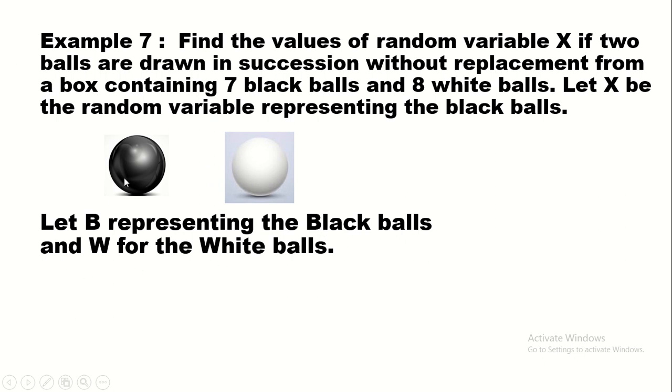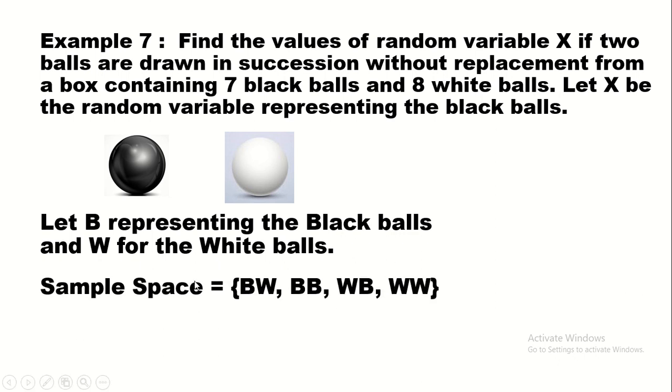So, ibig sabihin, ito ang laman ng isang kahon. 7 black balls at 8 white balls. So, ibig sabihin, kukuha ka ng 2 bola sa kahon. So, ang magiging sample space mo ay pwede kang makakuha ng black and white, or black and black, or white and black, or white and white. Yun lang naman ang mga possible na pwede mo makuha kung ikaw ay kukuha ng 2 bola sa kahon. Pwedeng combination of black and white, black, black, white and black, and white, white.